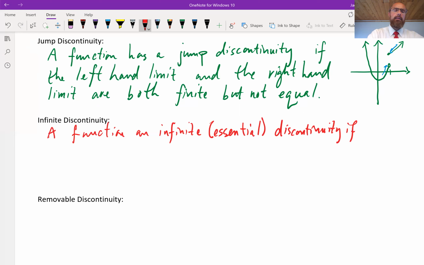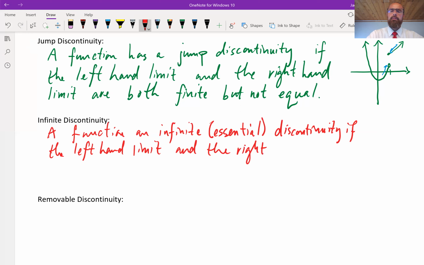the left-hand limit and the right-hand limit are both.